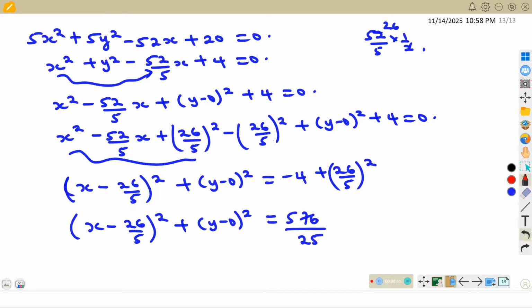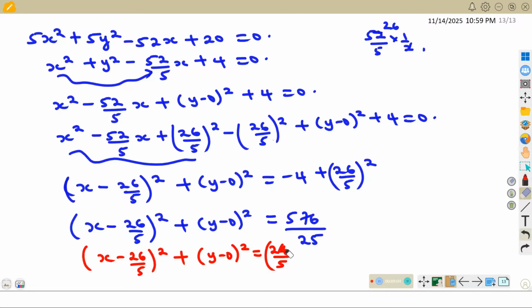So this basically can be represented as x minus 26 over 5 squared plus y minus 0 squared, which is equal to 576, the same as having 24 squared. So this is 24 over 5, everything squared.